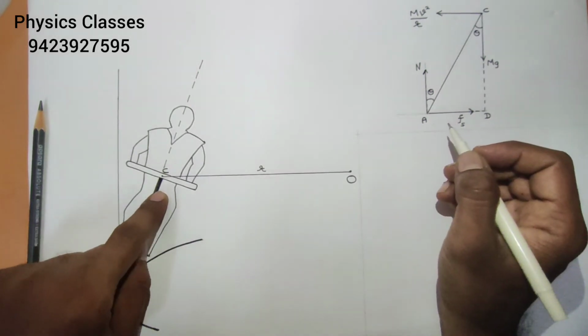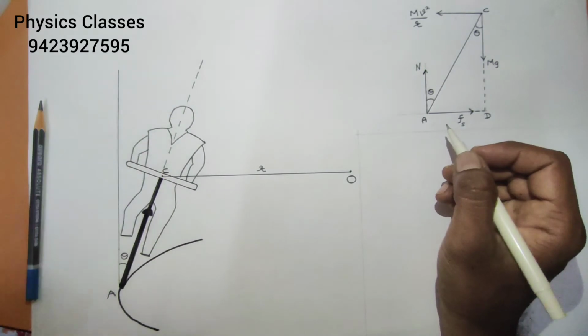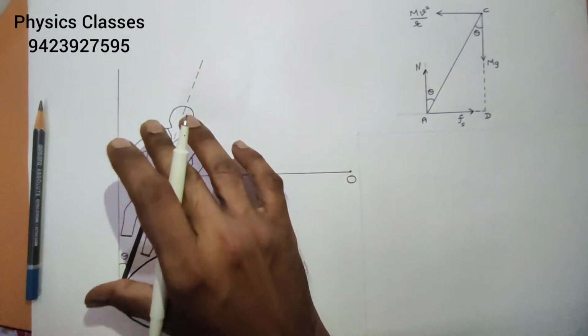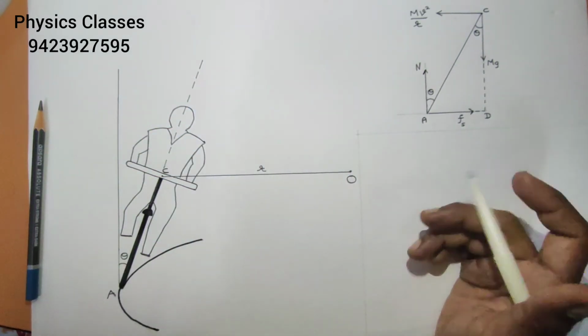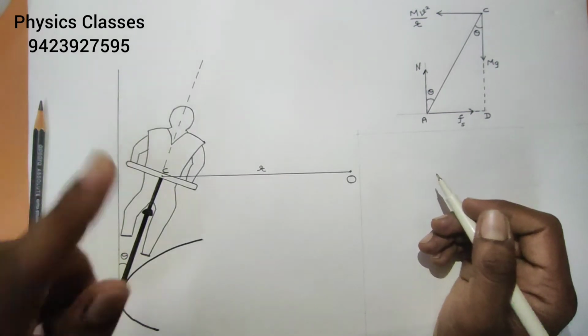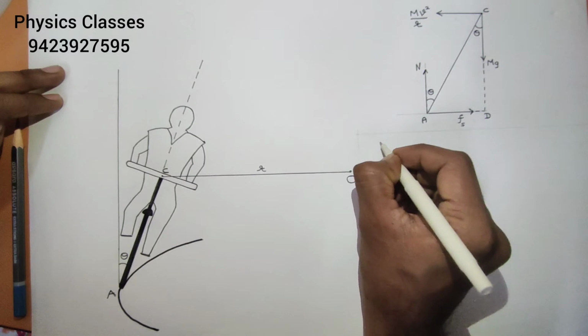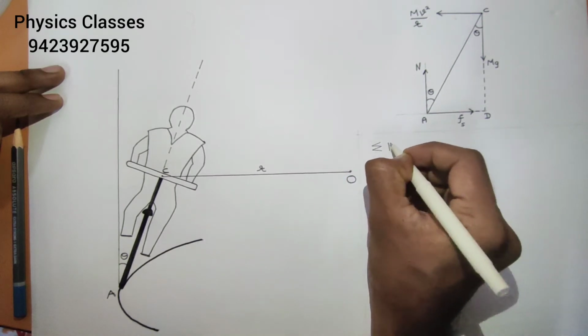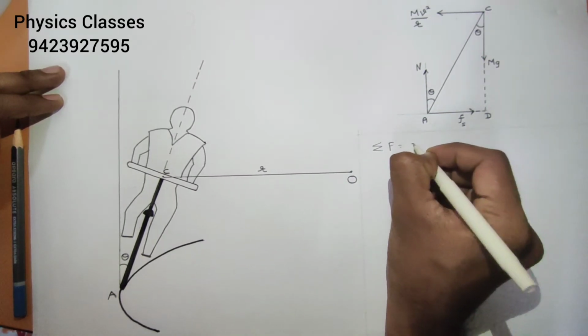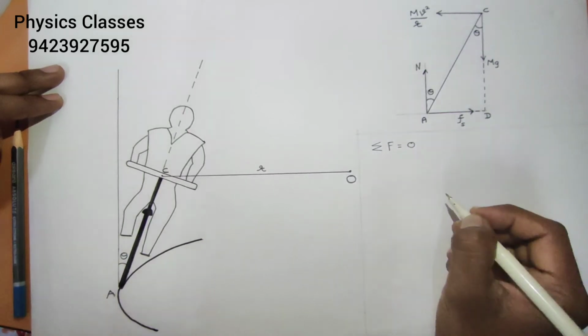We are working from the frame of reference of the cyclist. So the system is in equilibrium. So summation of all the forces should be equal to 0. So I am writing over here summation of F is equal to 0.